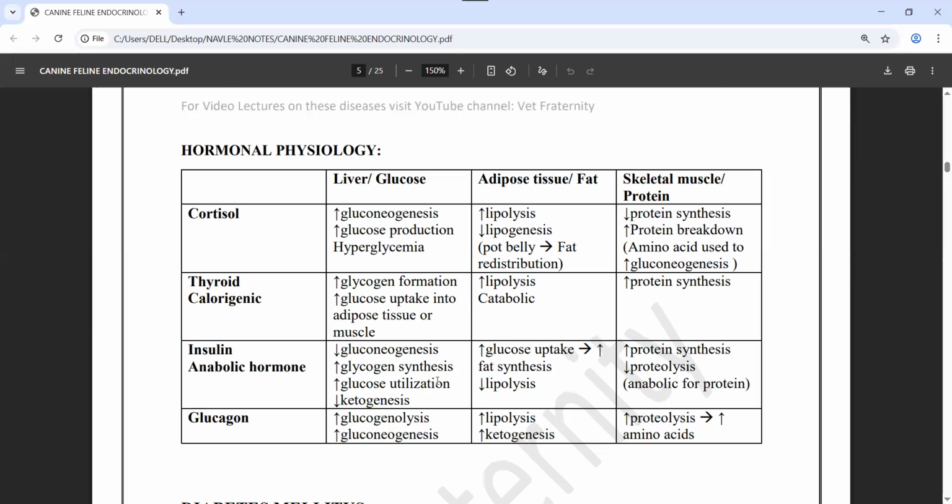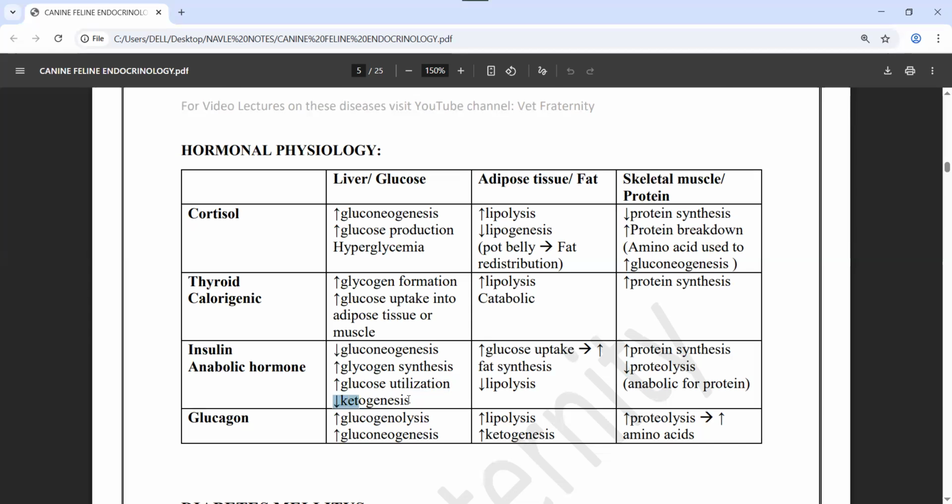So glucose is transferred into glycogen form, or gluconeogenesis is reduced. The production of glucose decreases, and the utilization of glucose in the different body cells increases. So the overall net effect is hypoglycemia.